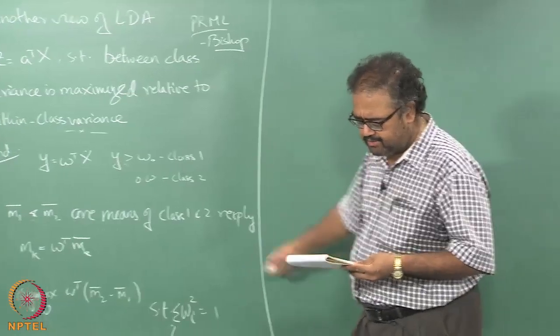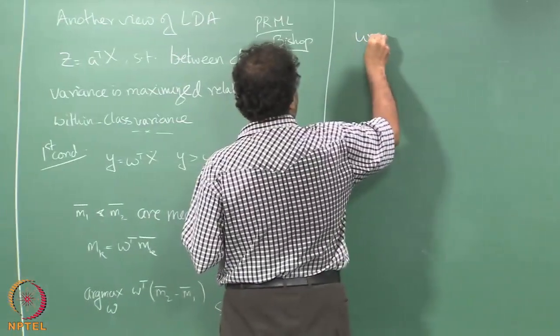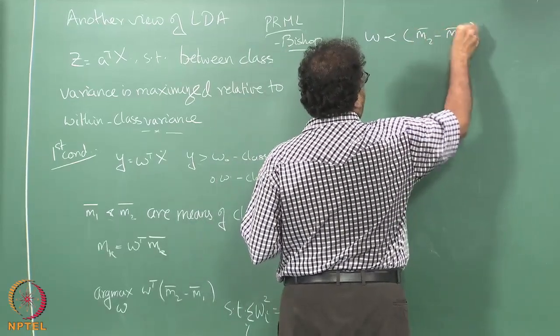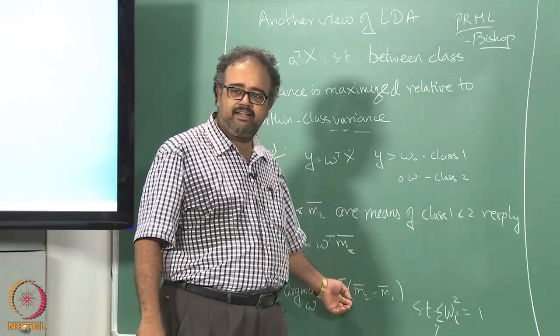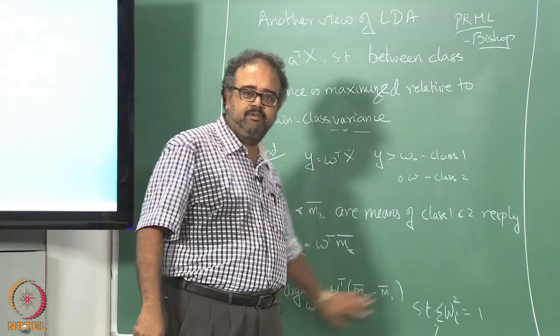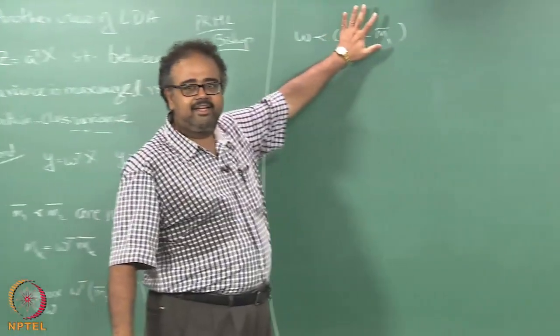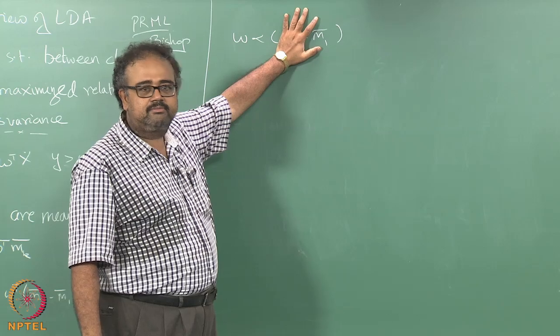So you can solve this, but the take home message is that W will be proportional to... you add that constraint here, you take the derivative, the W will go, that will become W. There will be some constants here, but essentially W will be in the direction of M2 minus M1.